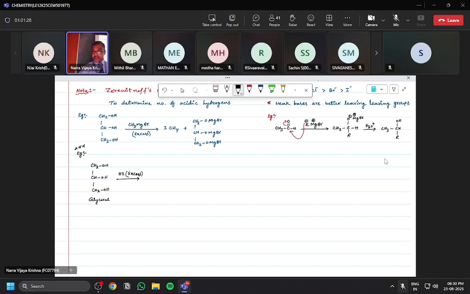So what should be the product? The product will be CH2I, again CHI, again CH2I. So 3 moles of HI are used to get this. But if we have iodines on adjacent carbons, immediately I2 will be eliminated.